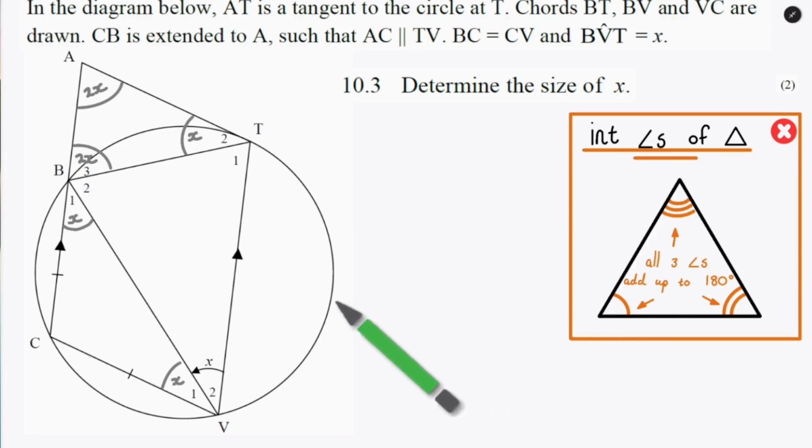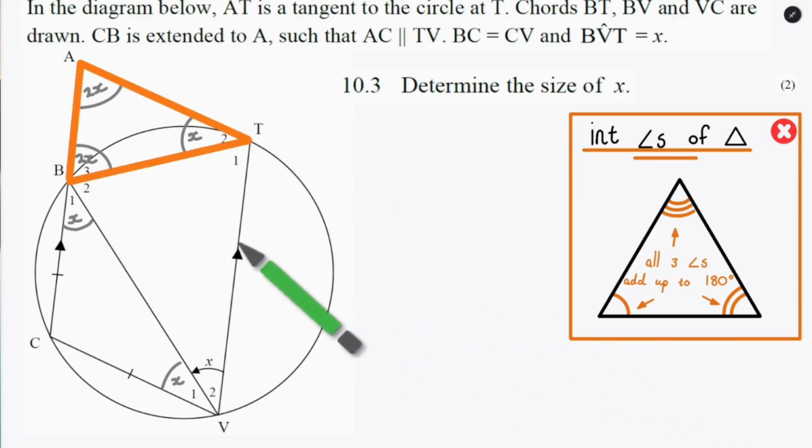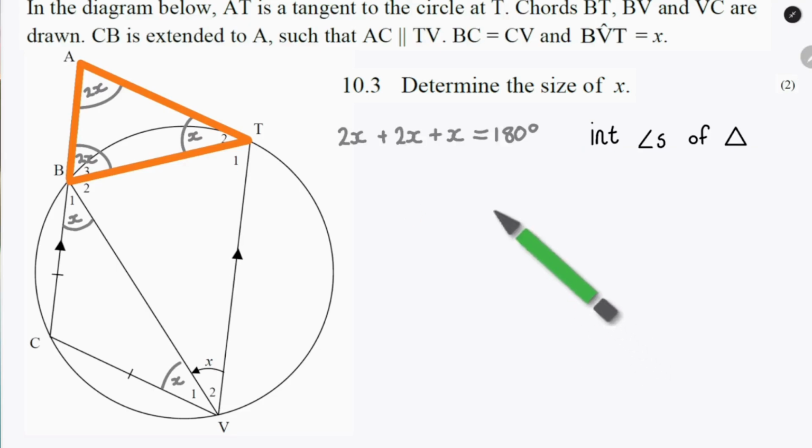I can see one in our sketch right about up here, and in there we've got all the angles in terms of x. So this angle plus this angle plus this angle will add up to 180 degrees, but let's form a statement there. We're going to add up all the angles and they equal 180 due to interior angles of a triangle.